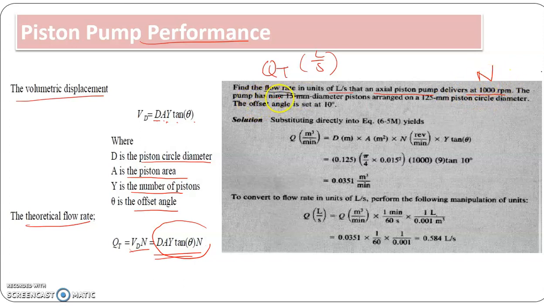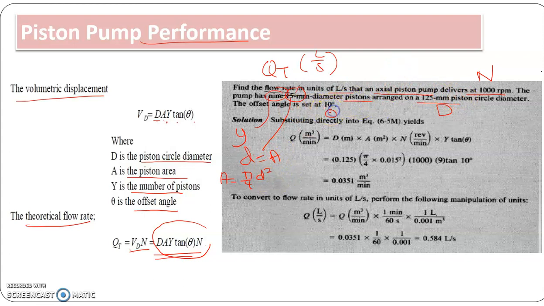The pump has 9 pistons of 15 mm diameter arranged on a 125 mm piston circle diameter. So this one is D, this one is Y, and this one is d. From this d you can get the area, because area equals pi over 4 d squared.